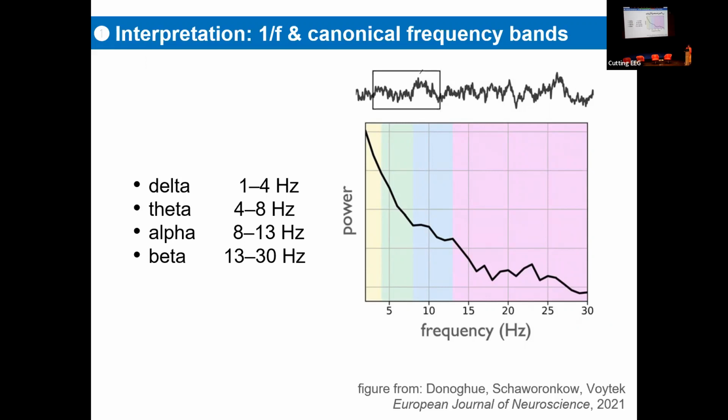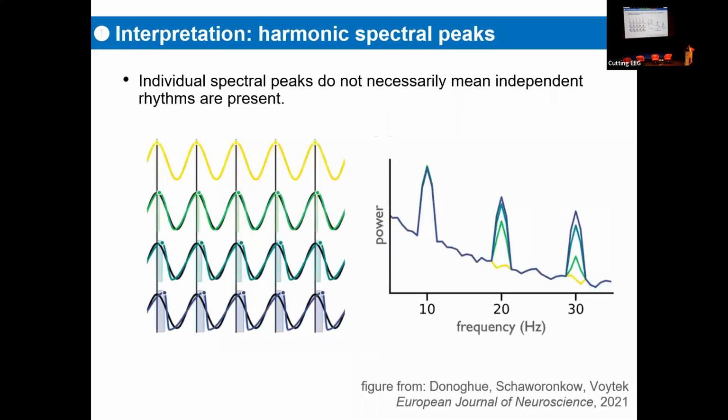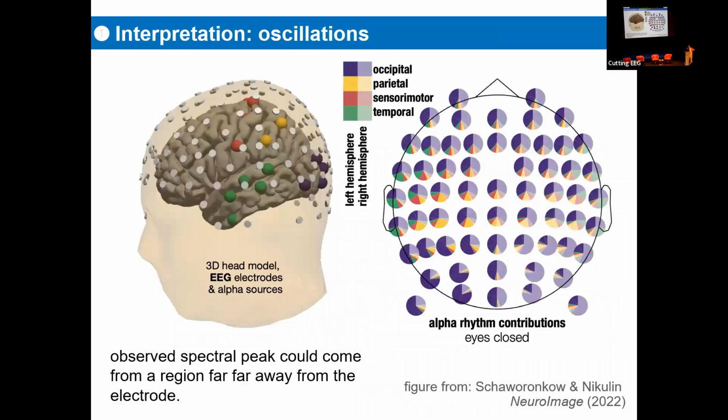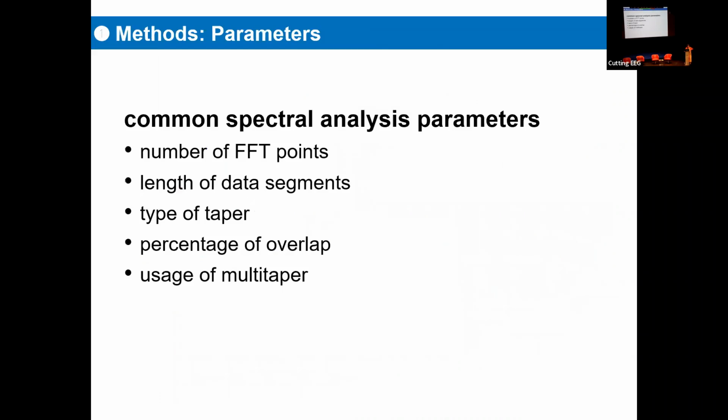Okay, so there were already some questions about more method stuff, so let's check. As always, there are a bunch of parameters that you can vary when doing your spectral analysis. One important point is the number of points that you use to estimate the spectrum.